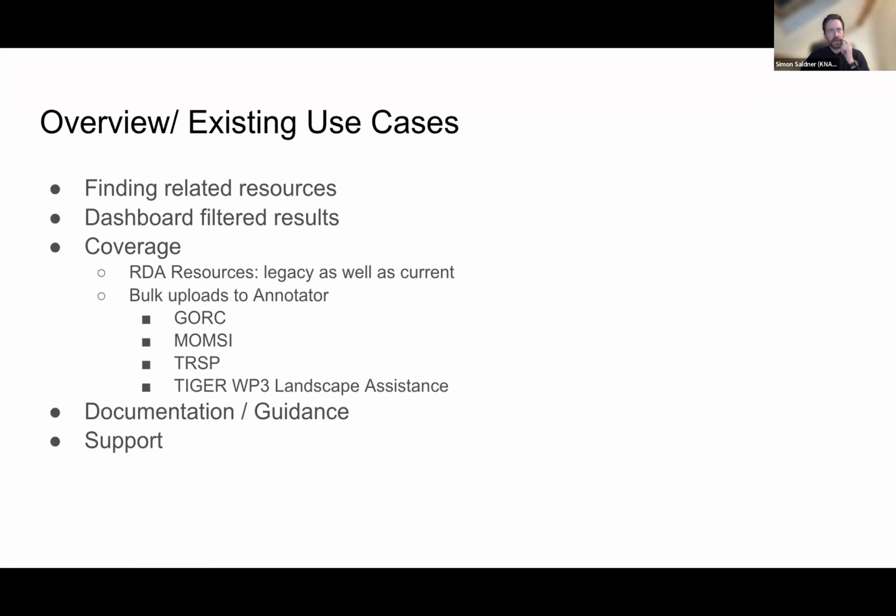Maybe we can start here a little bit with the annotator, since we just talked about it. As I believe I mentioned earlier, the main use case envisioned here was for the annotator to be used during the landscape analysis phase that a lot of working groups do in the course of their work.